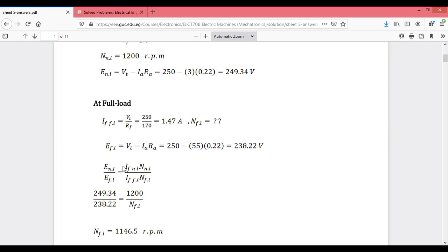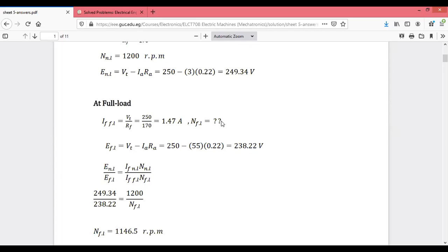So if you write the ratio of the EMF for no load to the EMF for full load, it will become equal to the field current at no load, and this is the speed at no load. F is for full load and L is for no load. And again 1F will be for the field current.